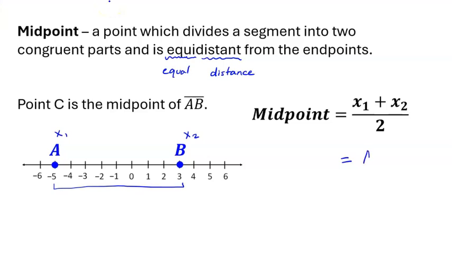Here we've got A, which is X1, and B, which is X2, and we're going to divide that by 2. So A is located at -5, B is located at 3, and we're dividing by 2. I like to go ahead and put this entire expression in my calculator. If there's more than one thing in the numerator or denominator, we can put parentheses around it.